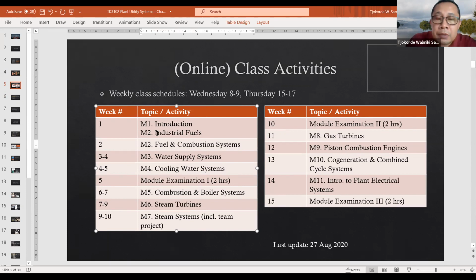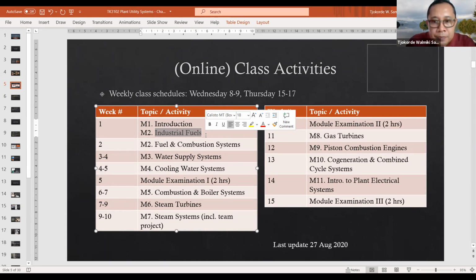So this one is easy. The reason we are allocating only a short amount of time to discuss fuels is because most of the stuff in module number 2, you can read it yourself. It's mostly theoretical, descriptive information about fuels.